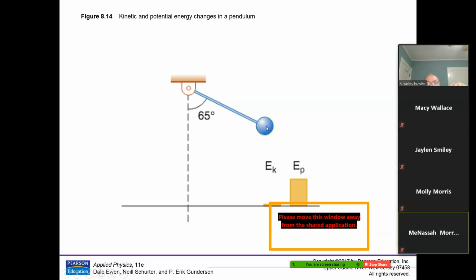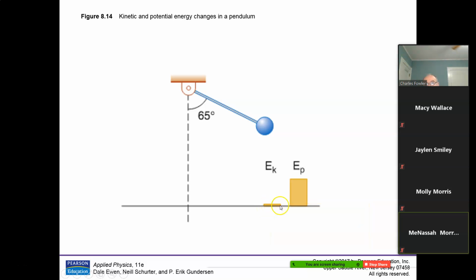When you hold it there and stop it there, all of its energy is gravitational potential. It's not moving, so it has no kinetic energy. That's why the kinetic energy here, when that fades away, you'll see, is basically zero. All of its mechanical energy is gravitational potential energy.